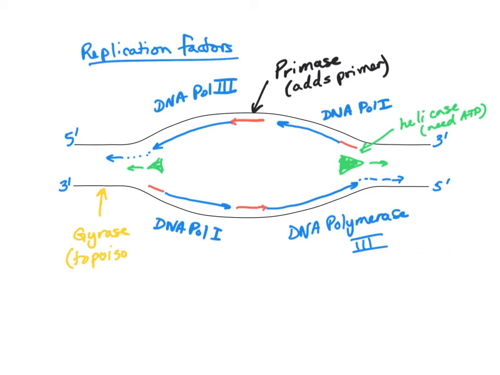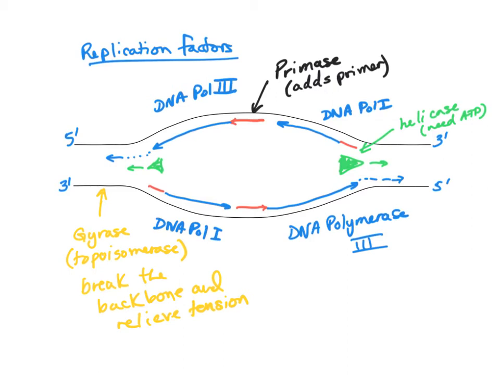Again, there's different variations and different books say different things. But these enzymes break the backbone and relieve tension that would occur as you try to unwind the DNA. This is related to supercoiling of DNA.